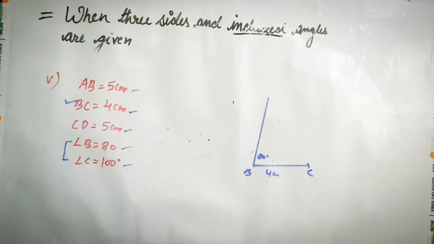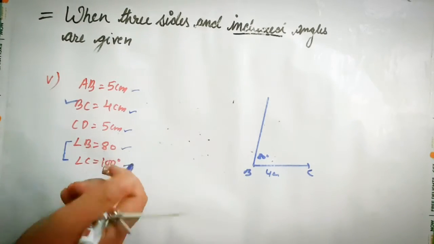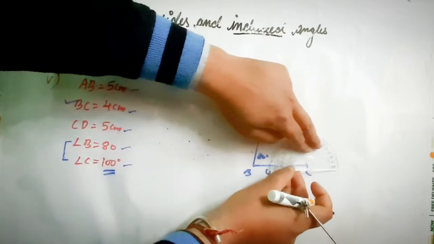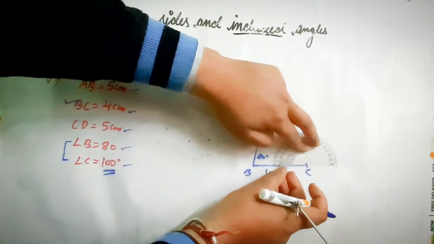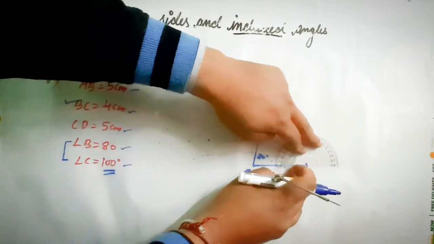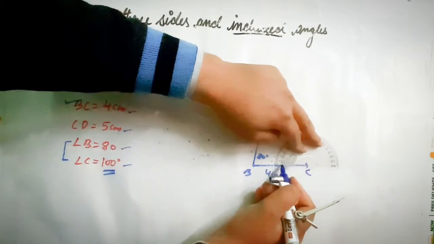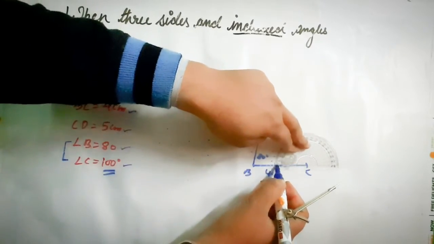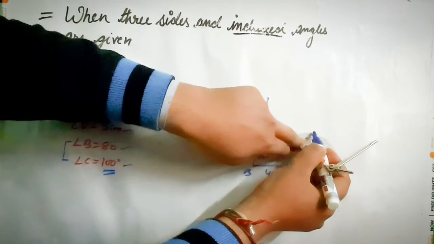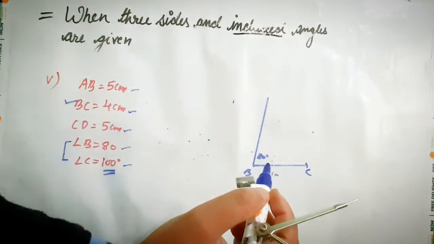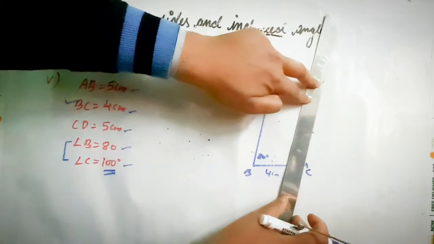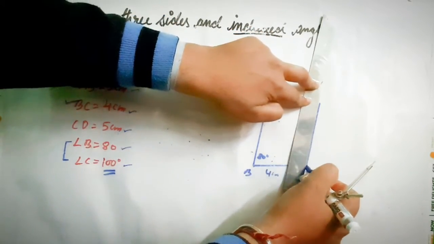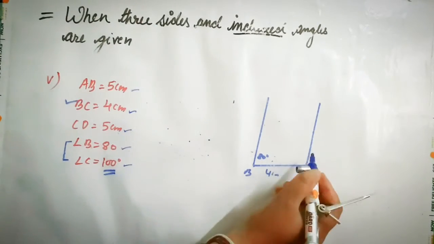Then we have to draw 100 degrees at angle C, on point C. So the vertex must be on C, the baseline must be on BC, and your 0 will start from here. So 100 degrees here, mark a point and join it with C. So this is the arm of 100 degrees.